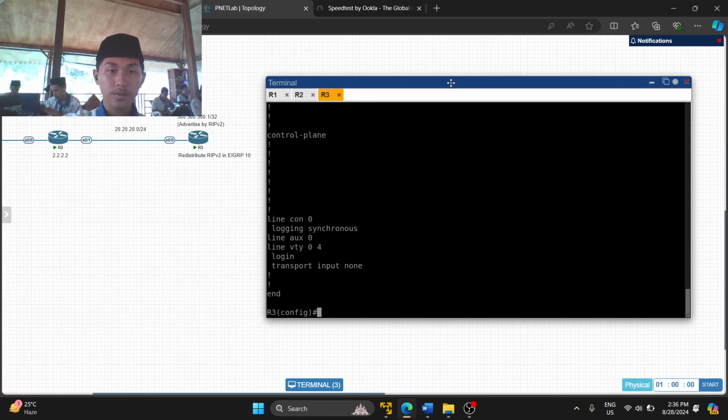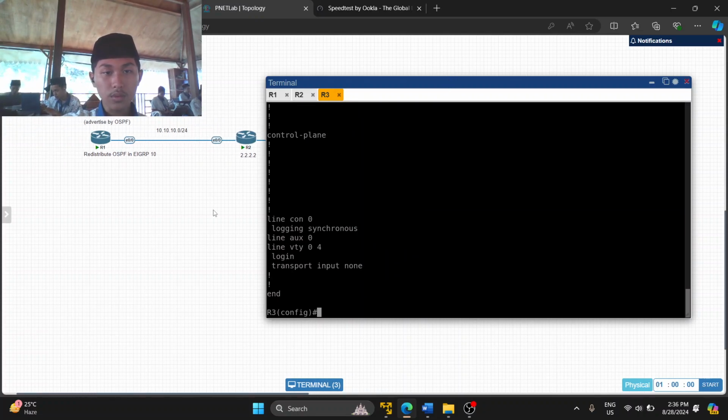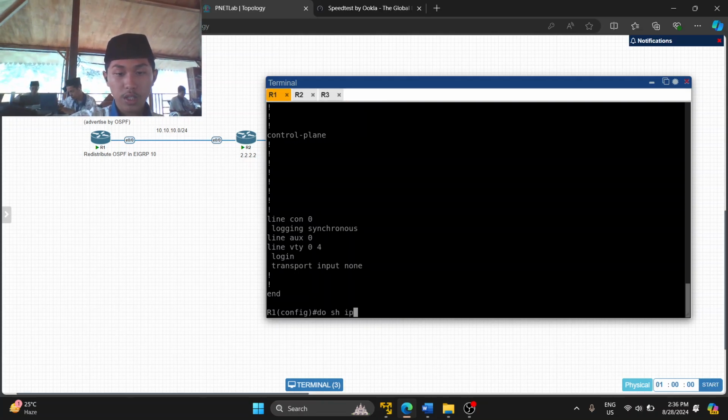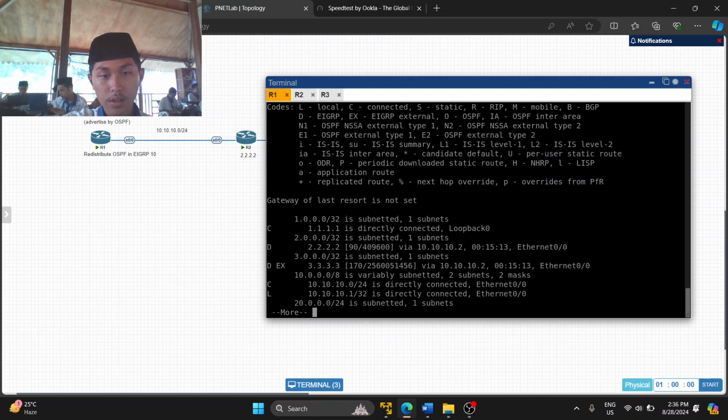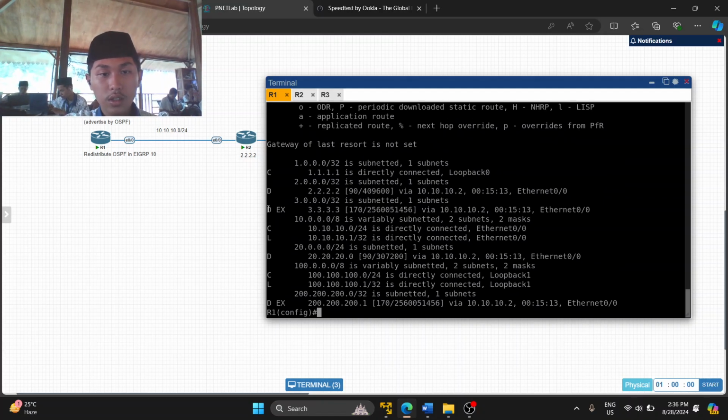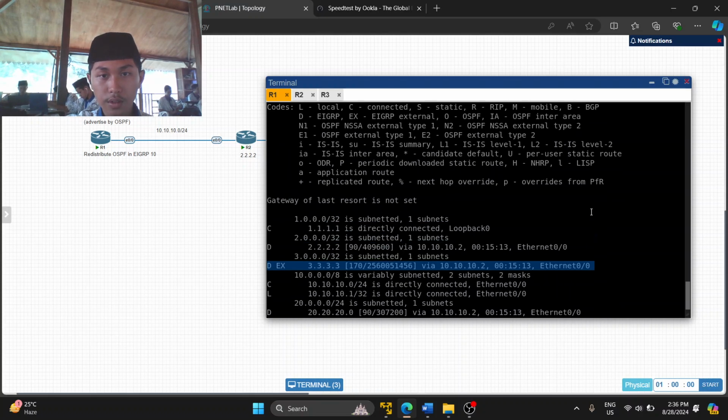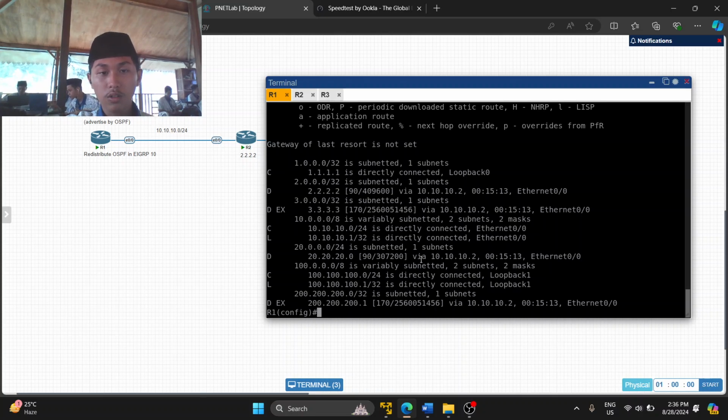Now let's recheck the routing table in router 1. As you can see here, we have the prefix for IP loopback of router 2, and then we have D EX for EIGRP external, or external routing protocol.